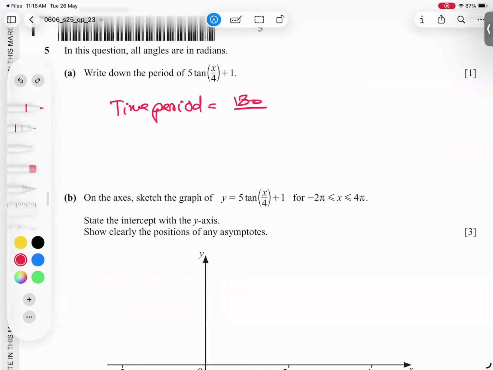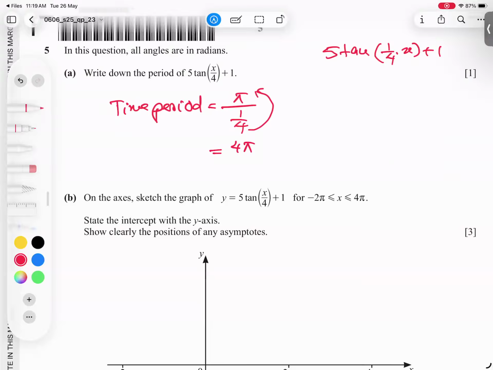But we can't use 180 because he said radians, so we have to use pi and divide by this 1 by 4. The 1 by 4 comes from here, because 1 over 4 times 2x. This is called the number of cycles. I put it here, and if I apply it, I flip, and the answer becomes 4 pi. I hope the point is very clear.